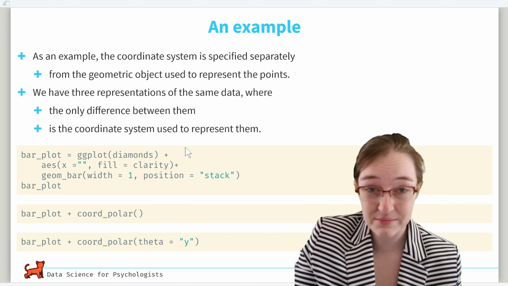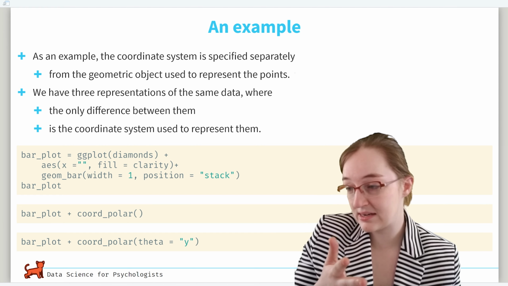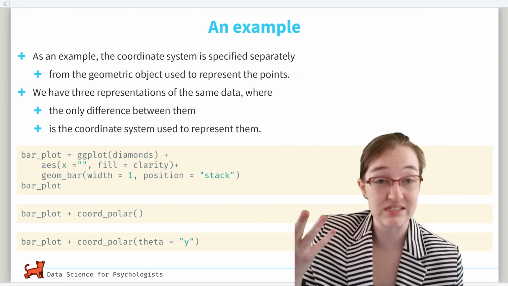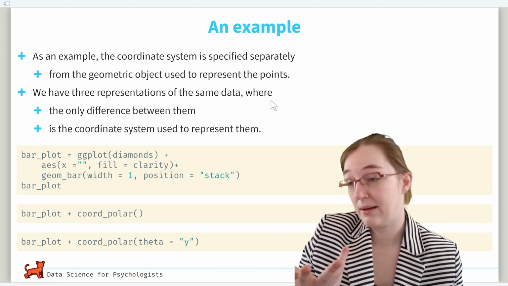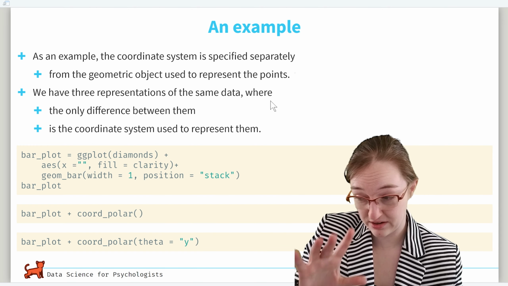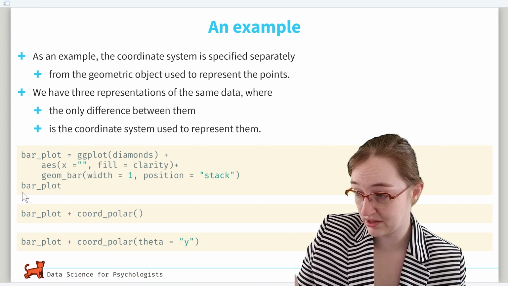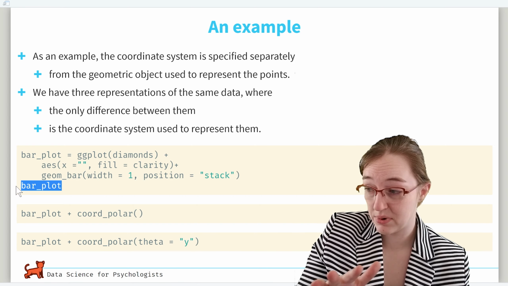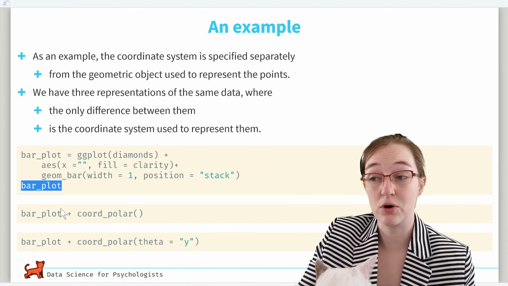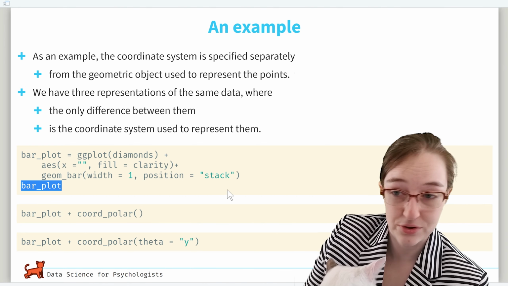I'm using the diamonds data, and for the aesthetic, I'm just filling as a function of clarity. It's the same data, but our 3 plots, we're just creating a bar plot, and then we're going to add on 2 different coordinate systems. So let me show you.